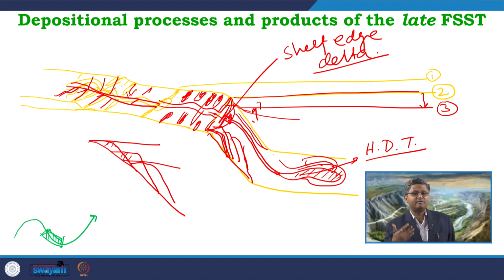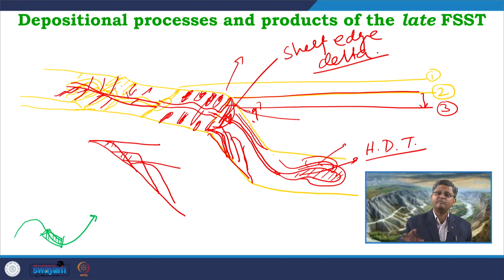So, during this late phase of the FSST, we are again getting a very instability in the shelf edge area. However, a shelf edge delta is forming over here, and along with that, what we expect is formation of a submarine fan system due to accumulation of successive high density turbidites in the deep marine part of the basin.